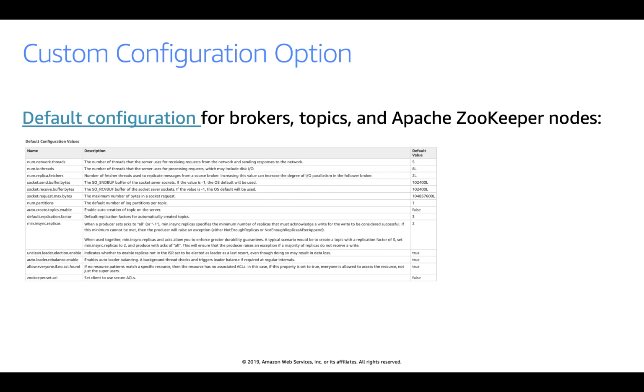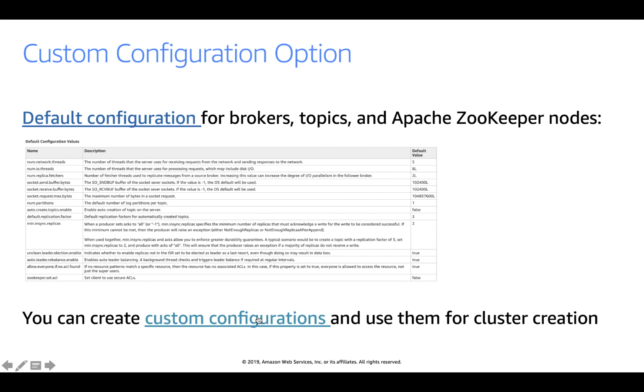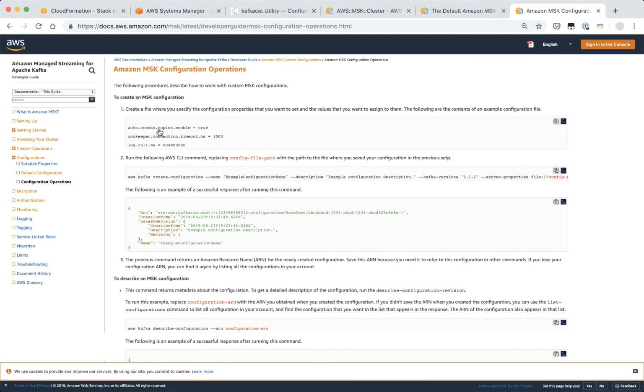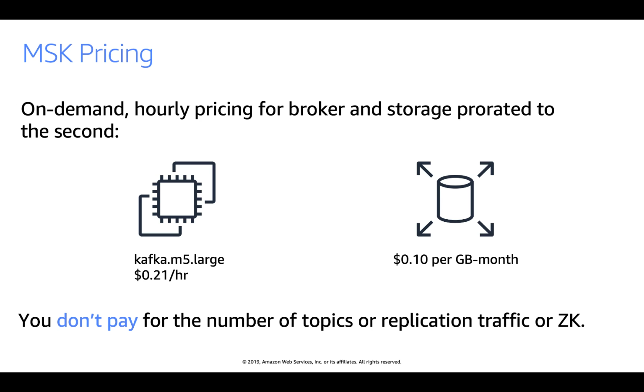You see these custom configurations. And here is where we show you how to create custom configurations. These are the available configuration properties: default, Amazon MSK configuration, and MSK configuration operations. Now, the pricing is also very interesting.